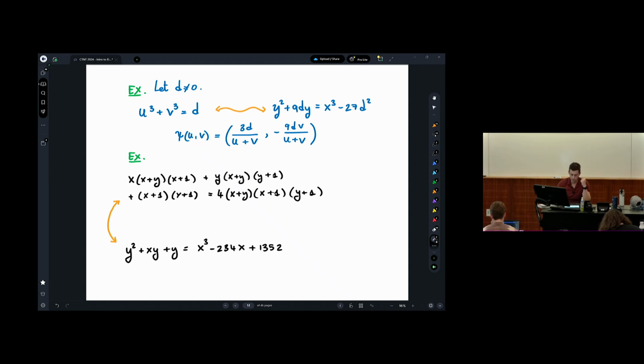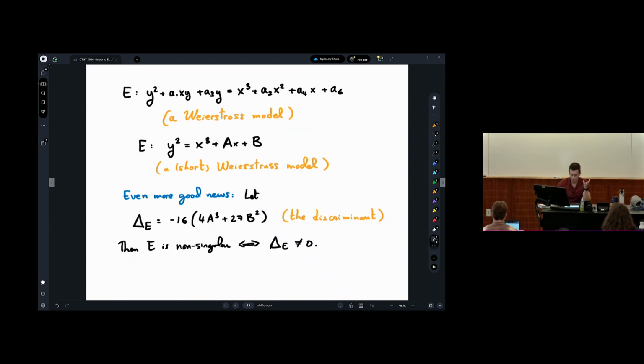You can do it yourself. So it turns out that this equation is isomorphic to this Weierstrass equation, a nice Weierstrass model. Okay? So now I need points on that Weierstrass model.